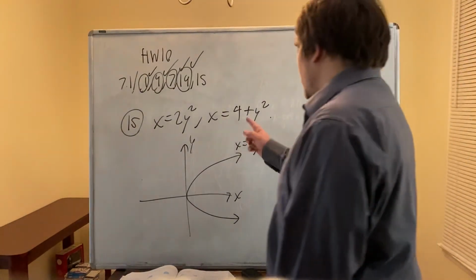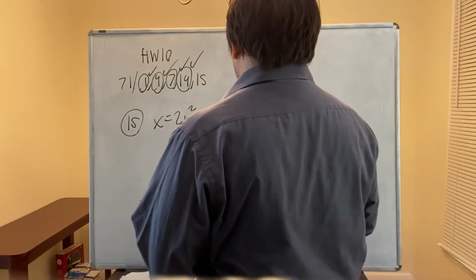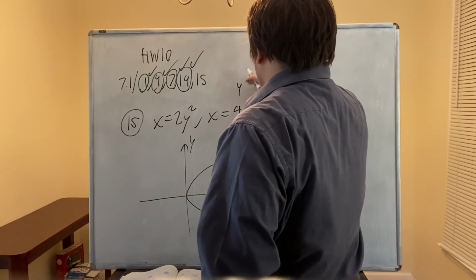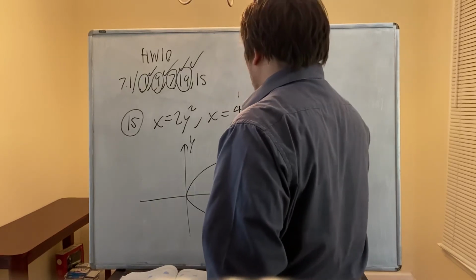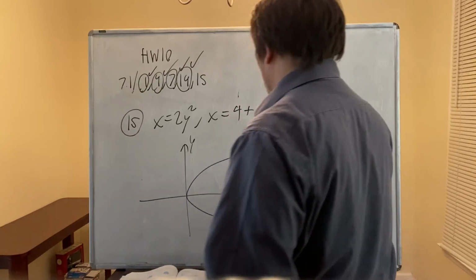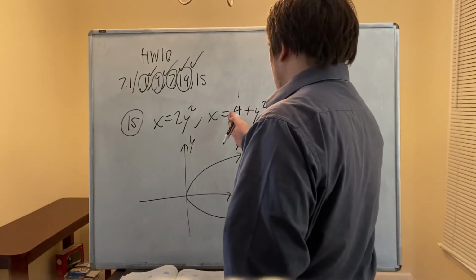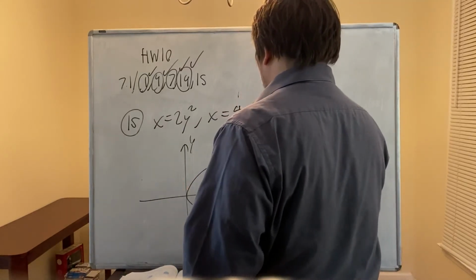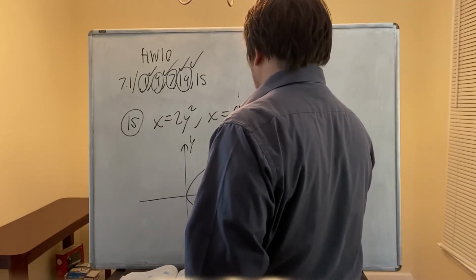Okay, and then x equals 4 plus y squared. X equals y squared would be like this, and then 4 plus y squared would be like moving it to the right by 4 units.